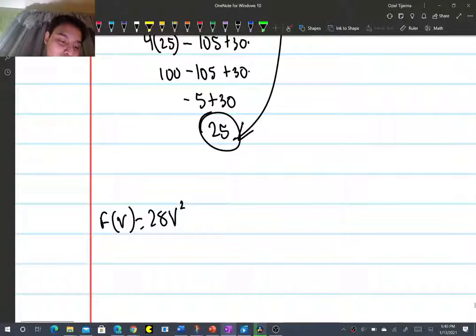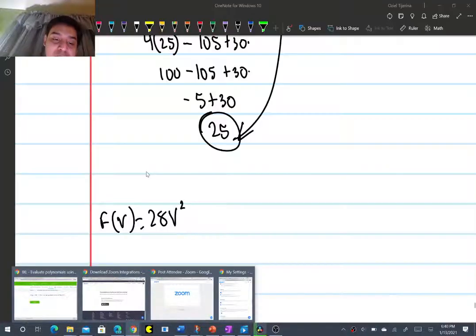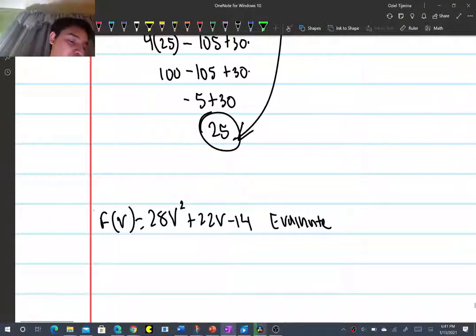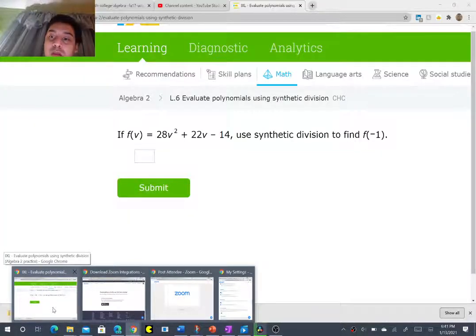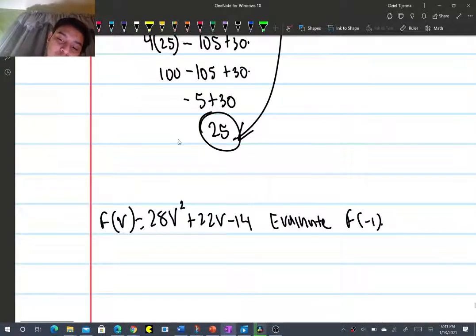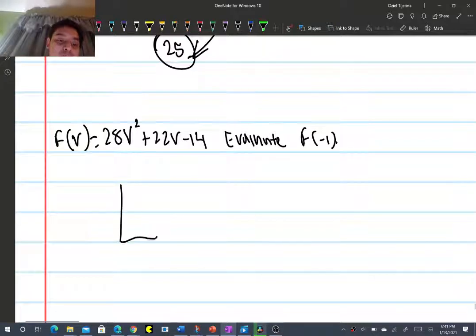So anyways, we have 28v squared plus 22v minus 14. We want to evaluate f of negative 1. It's going to be the same exact thing.